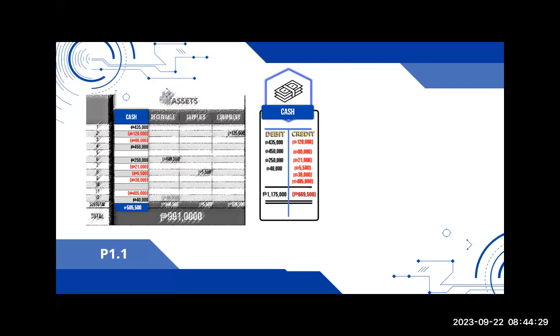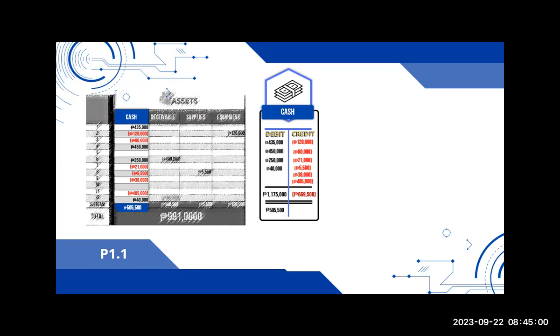Now the question is, we'll compare them. Which is the bigger number? 1.175 million. So 1.175 million minus 669,500, you will ultimately arrive at a positive 505,500. So the ending balance of cash is debit 505,500. Its beginning balance, since the company has just started, is 0. So the T account will tell you three things.